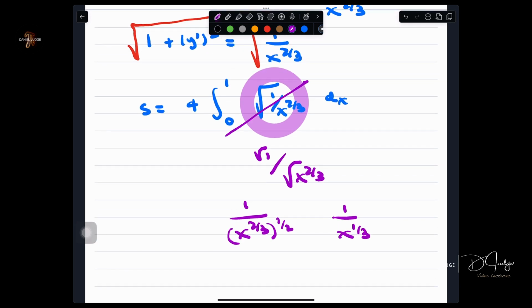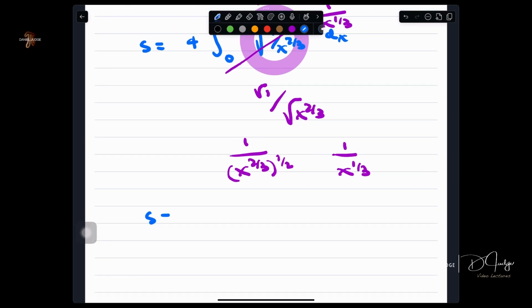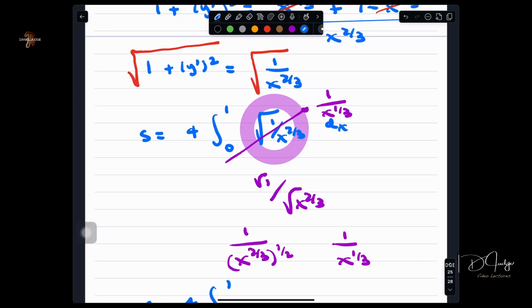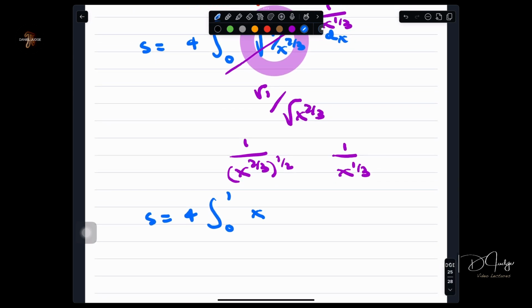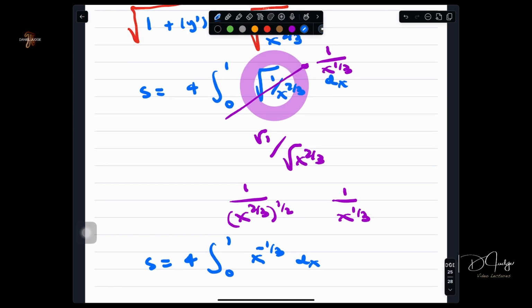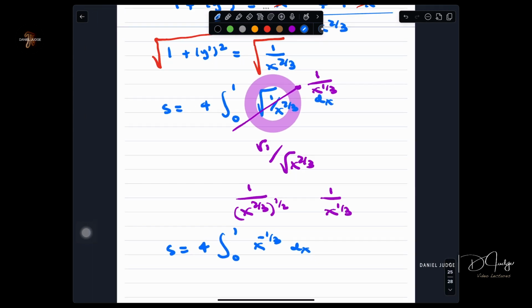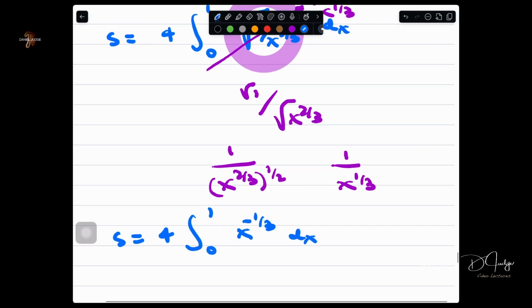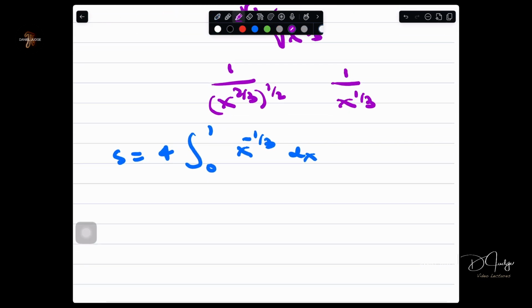This is what we have. So the arc length will be 4 times the integral from 0 to 1, really x to the minus 1/3 dx now. So we're going to replace that integrand. It's really 1 over the cube root of x. So this is now a very good and simple integral to perform.